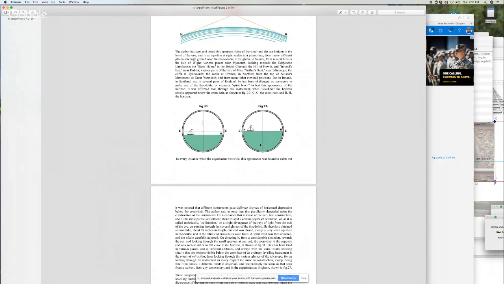Over in figure 30, when he set up a transit or a spirit level, he would see this through his instrument.